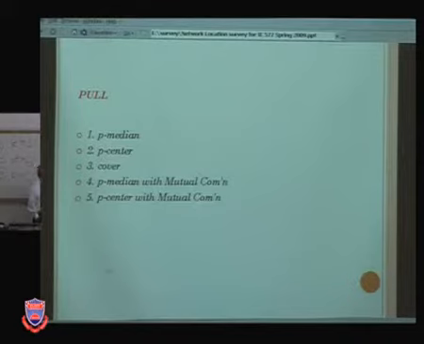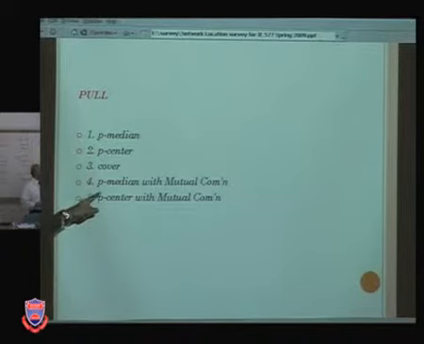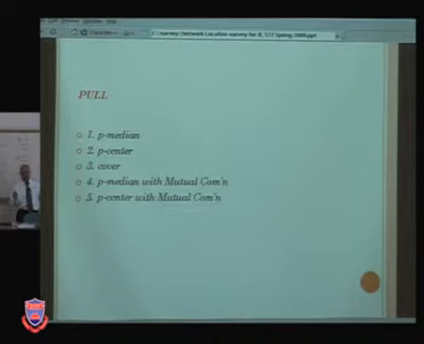These are somewhat similar to the p-median and p-center problems, except that in the p-median and p-center problems, you don't have any interaction or service relation between facilities themselves. They only serve demand points. Whereas in problems with mutual communication, facilities that you locate may also give service or receive service from other facilities. So there's an interaction between facilities themselves.